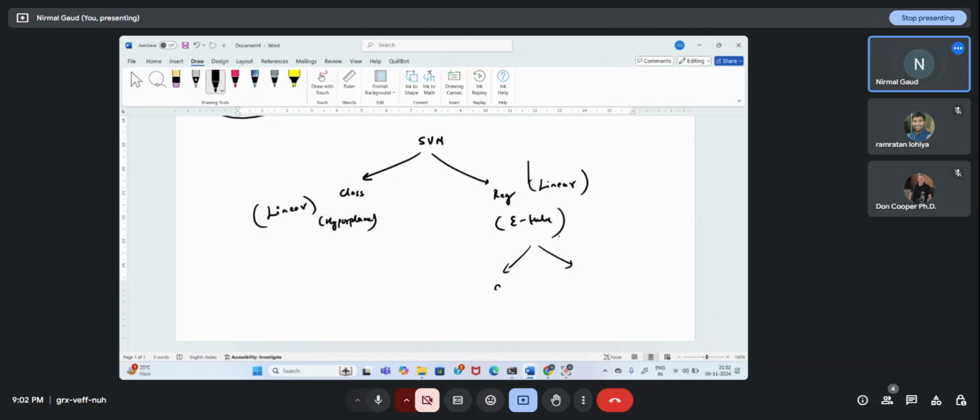One are good points, one are bad points. Good points are points which are inside the tube. Bad points are points which are outside the tube. Here in hyperplane, in classification, there is no good and bad. Only we are having class A and class B.